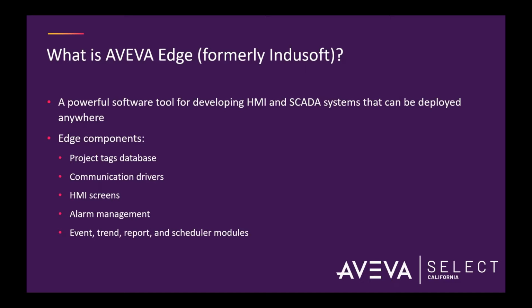Edge also has hundreds of configurable drivers that allow your project to communicate in real time with PLCs and other I/O devices. With Edge, you can also create your HMI screens and deploy them to the necessary thick or thin clients, depending on your architecture. And finally, Edge has certain modules that also give you the ability to manage your SCADA alarms and events and create trends, reports, and schedules.